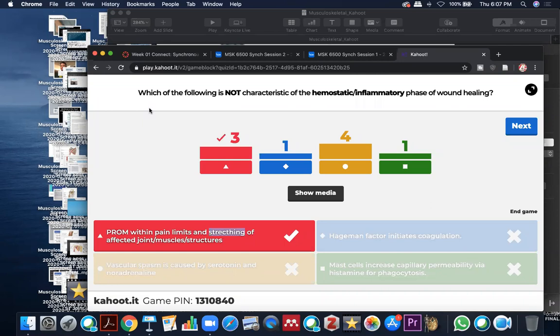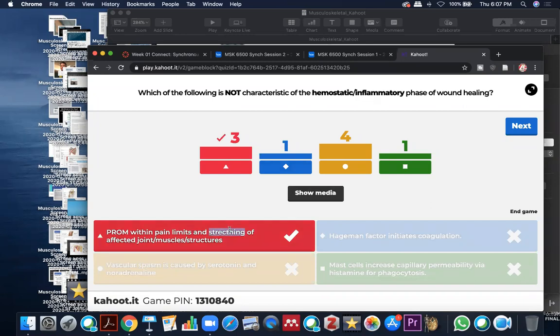He has a slide for each of them: inflammatory, proliferative, and maturation or remodeling. There are like 5 things there in a lot of detail. But under inflammatory, there's a contraindications section in big red letters, and one of the things it says is contraindicated is stretching of that area.